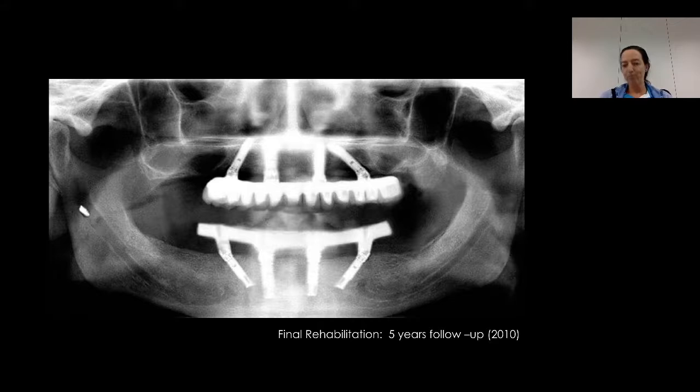But I advise you to at least try to achieve a 30 Newton torque of your implant. So between 30 and 50, you can then go ahead and load it.